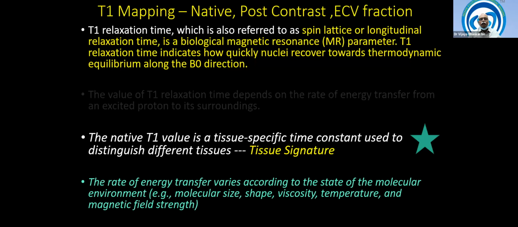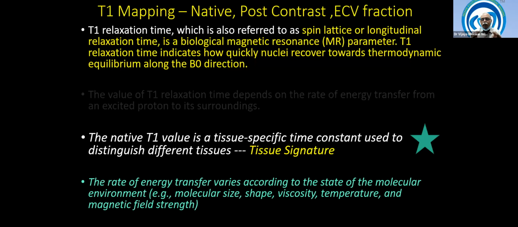So in T1 mapping, there are what is known as native, contrast, and extracellular volume fraction calculation. Native is without contrast. Contrast, after you give gadolinium, you measure again, then ECV fraction. I already told you about spin-lattice relaxation.